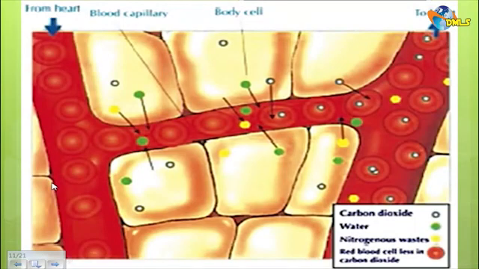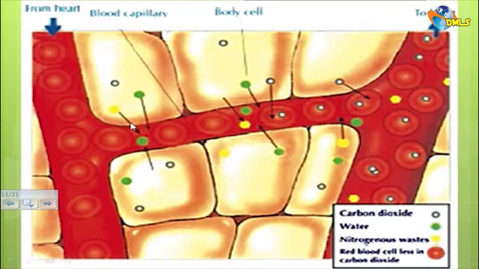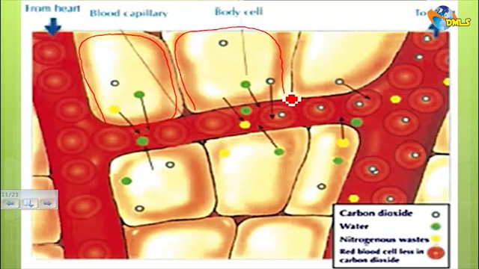These are the cells, and imagine that this is carbon dioxide inside the cell that the cell wants to get rid of or expel out of it.